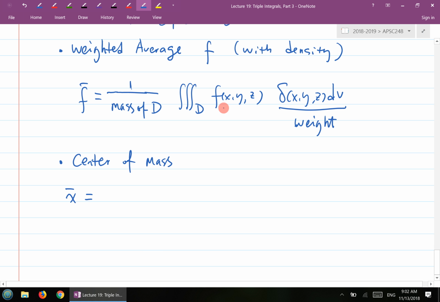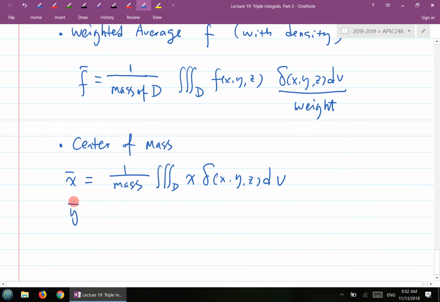Replace the f with z, and you get z bar. So x bar equals 1 over the mass, times the integral of x times the density function dV. And similarly, you can write down y bar and z bar. So try it yourself. All you need is to replace the f with y and z. This way you get the center of mass. So this is a very useful formula.